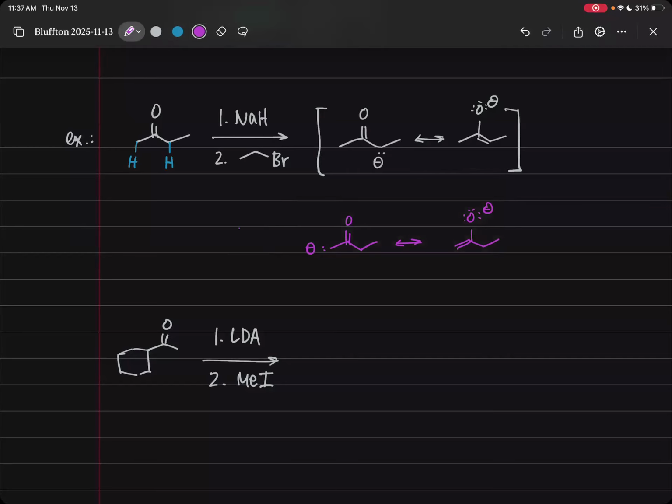So this is the more substituted CC double bond.